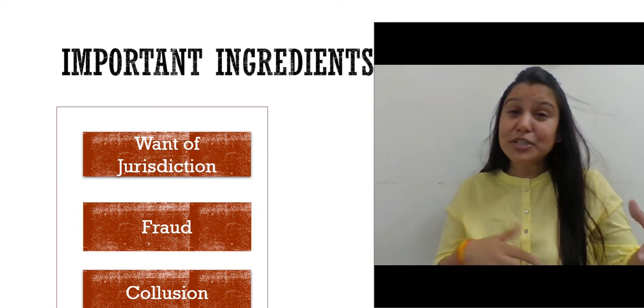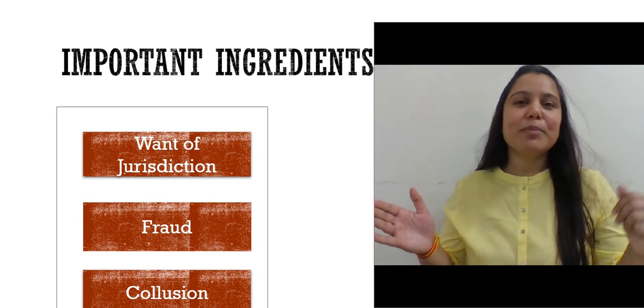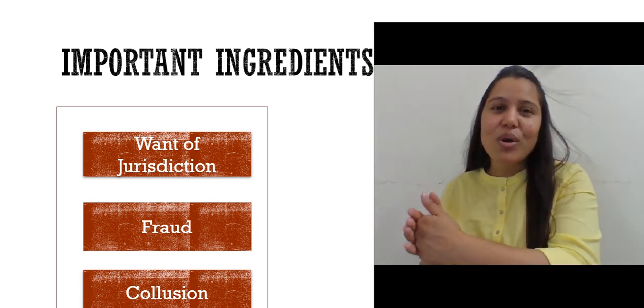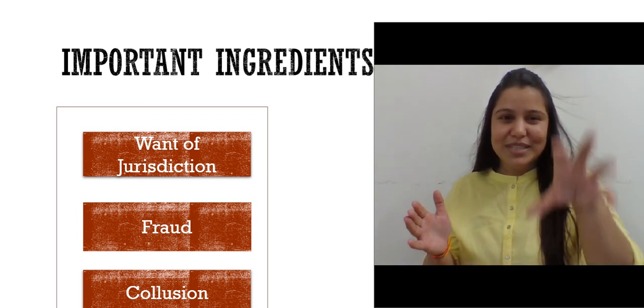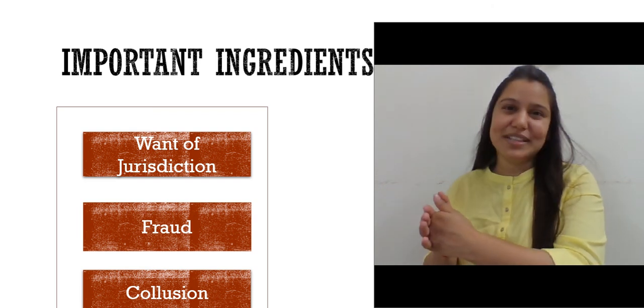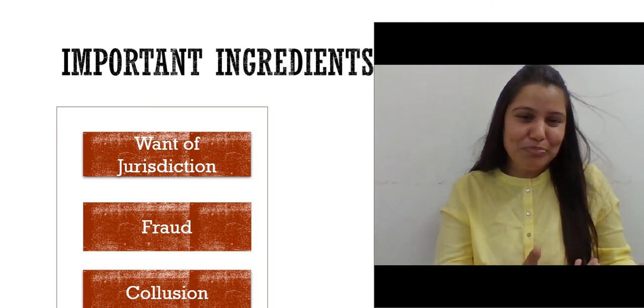Or if they say that the previous judgment, because of which you are barring the present one, was obtained by fraud or was of collusive nature, then the present court will find it relevant. If any of these things are there, then the court will entertain that very suit. So therefore, the previous judgment is relevant here.